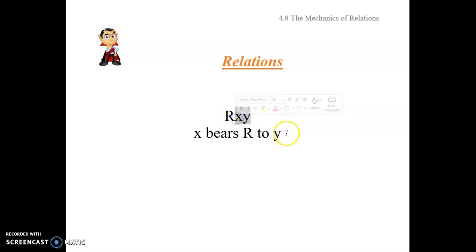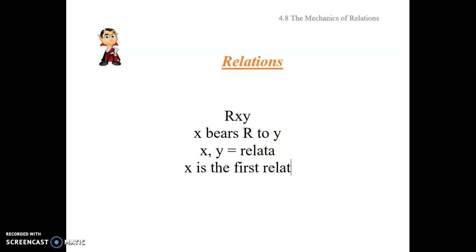So these guys here are what are known as relata, or the relata of the relation. We say that x is the first or the leftmost relatum, and y is the second relatum. I should say relatum, actually, singular.